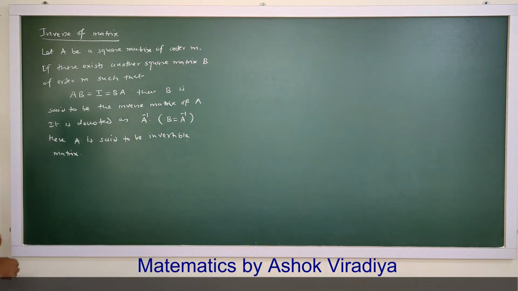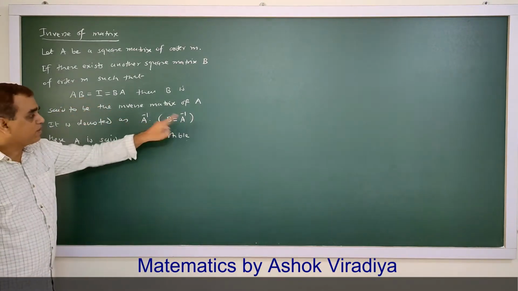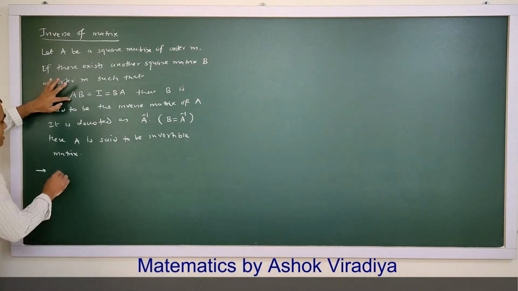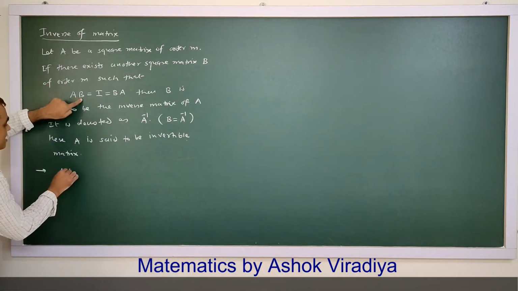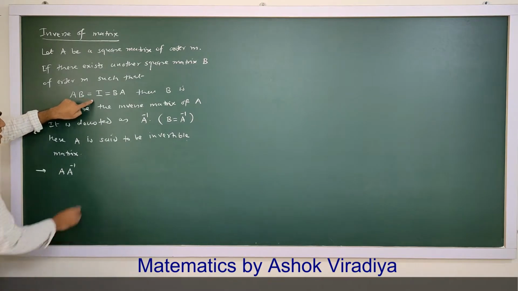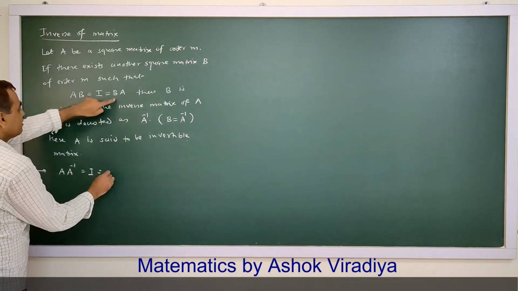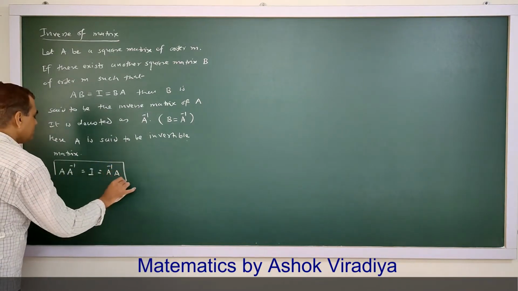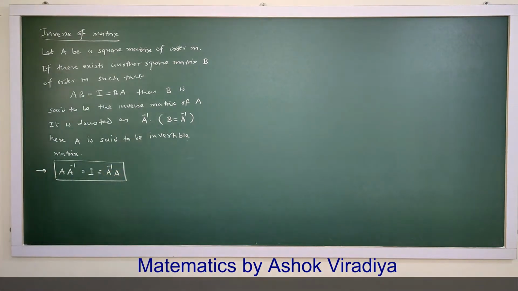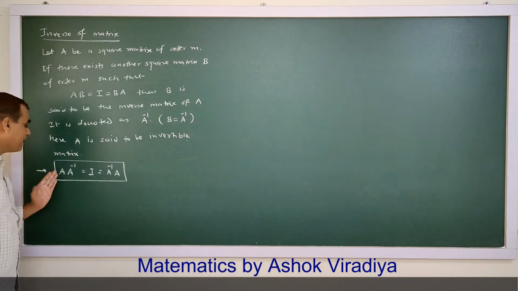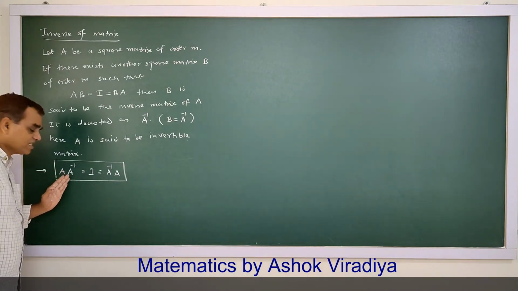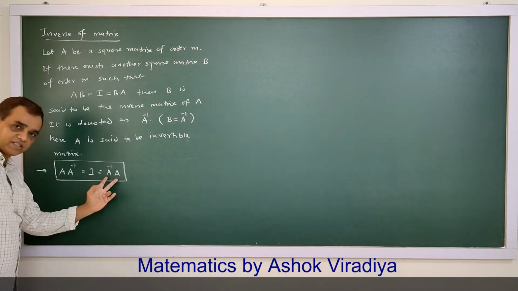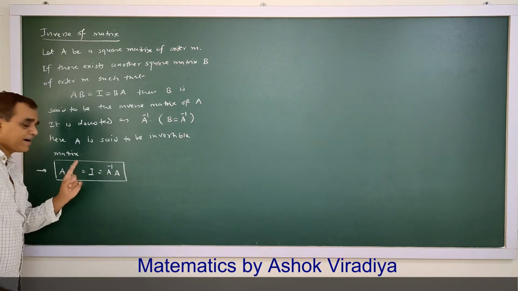Now see, replacing B by A inverse, we get A into A inverse equal to I equal to A inverse into A. Taking product of any matrix with its inverse from either side, result is identity matrix.